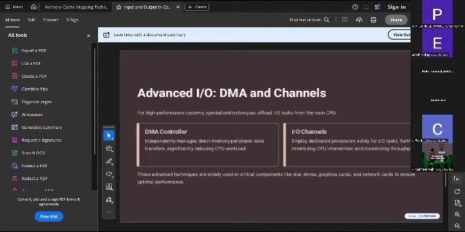DMA solves this by allowing the peripherals to directly read and write to main memory without CPU intervention. Once initiated, the DMA controller handles the entire data transfer independently. So it drastically reduces the CPU's workload.